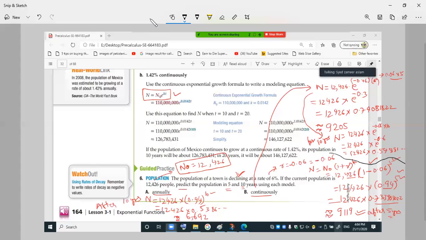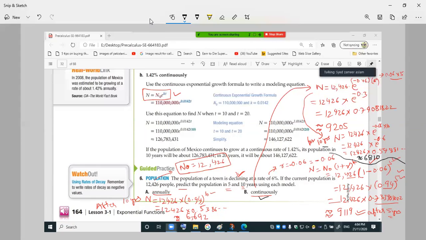The answer is about 6,810. So after 10 years, the population will become 6,810 if it is continuously declining.